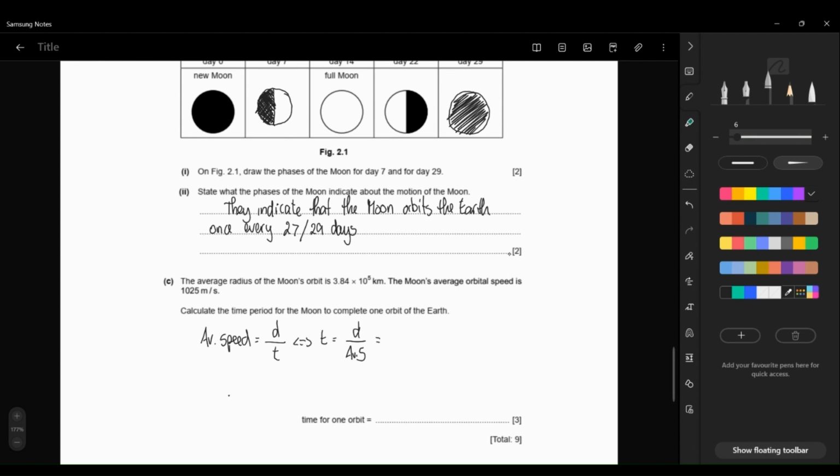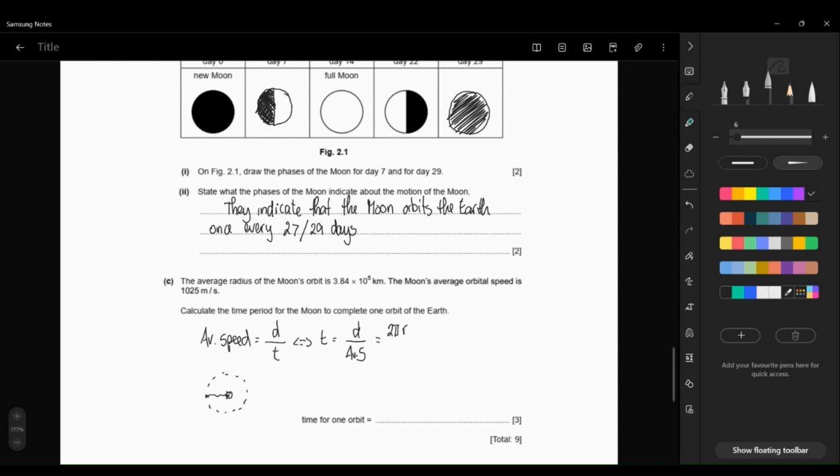If this is the Earth and this is the orbit of the Moon, we may assume this path to be a circular path. Actually, they mention the radius of this orbit. So if you take this as a circle, what is the distance? The distance is going to be the perimeter of the orbit. Being a circle, it's 2 pi r.